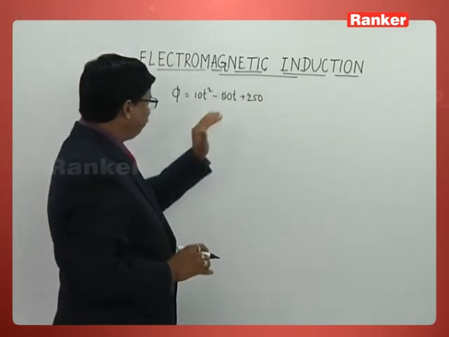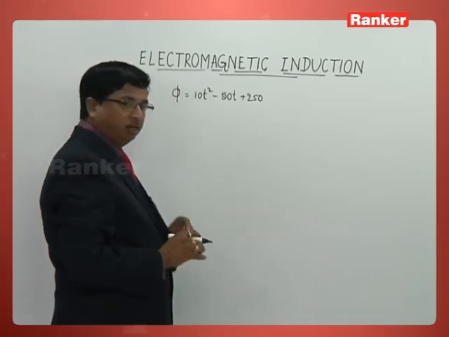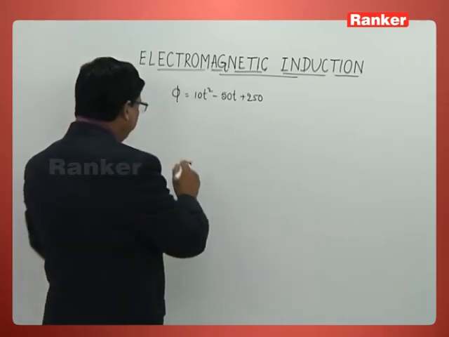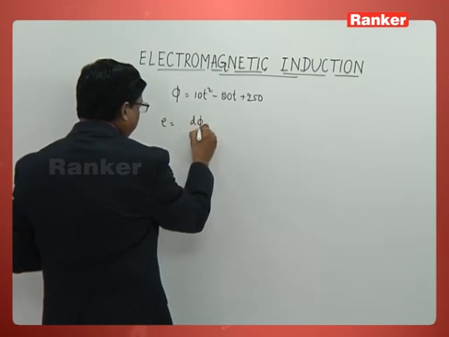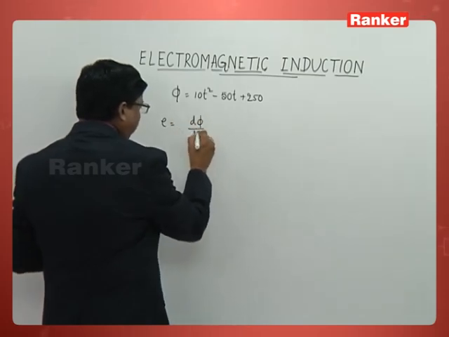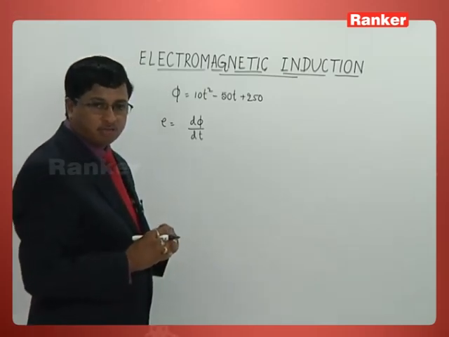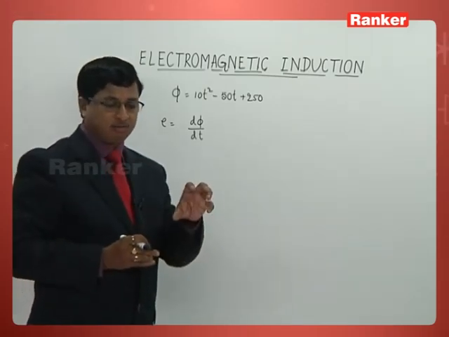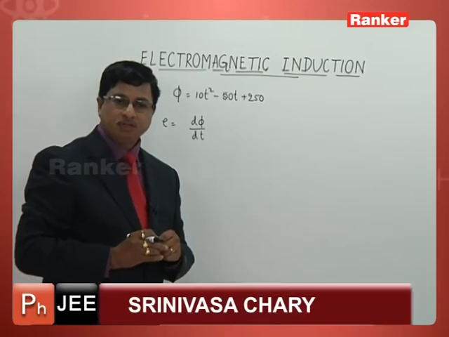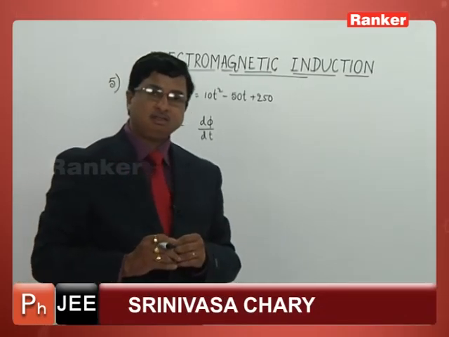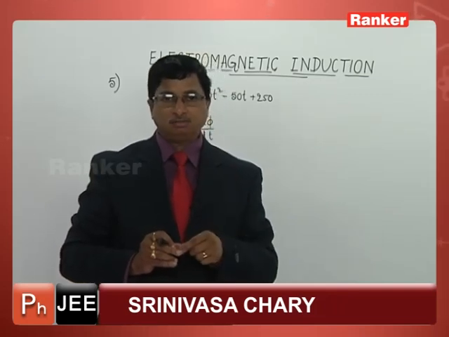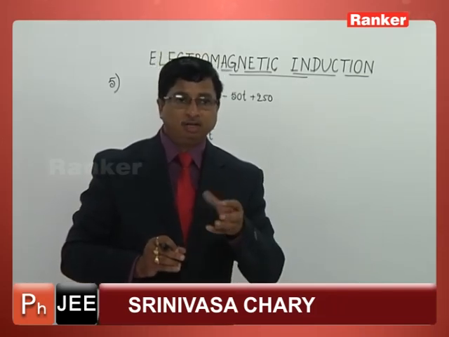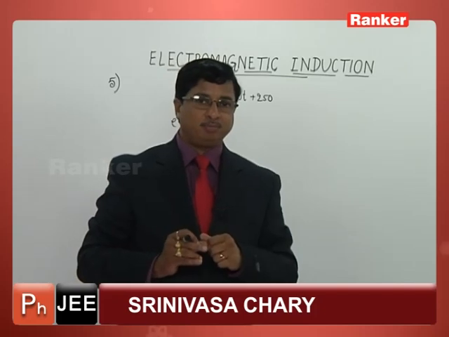Now when this equation has been given, we know very well the induced EMF will be the rate of change of magnetic flux in the system. Since it is a coil here, it should be called rate of change of magnetic flux linked with the coil.